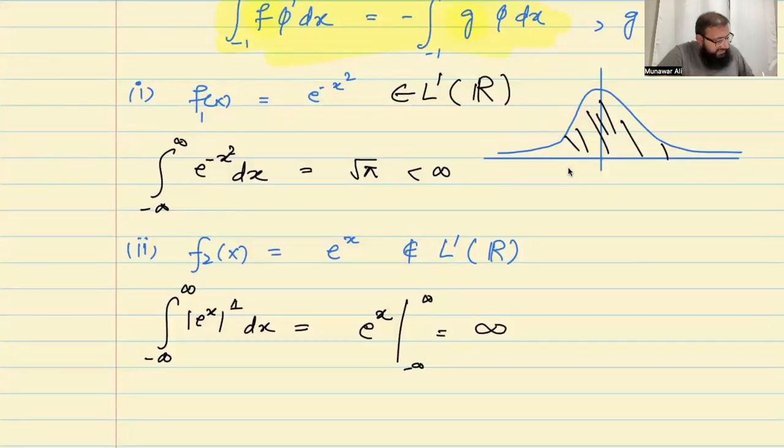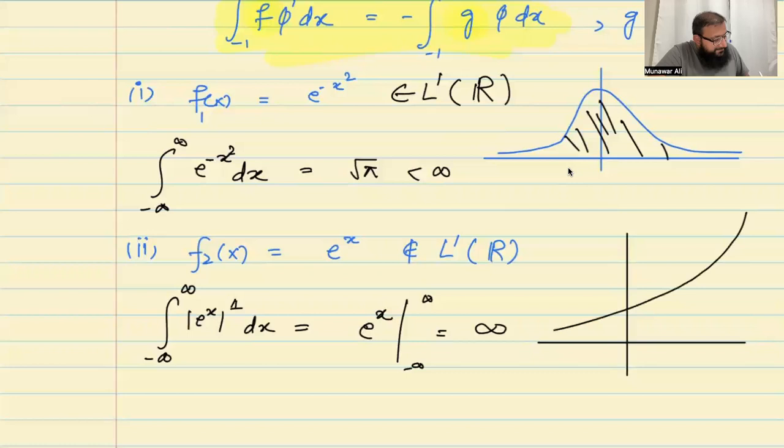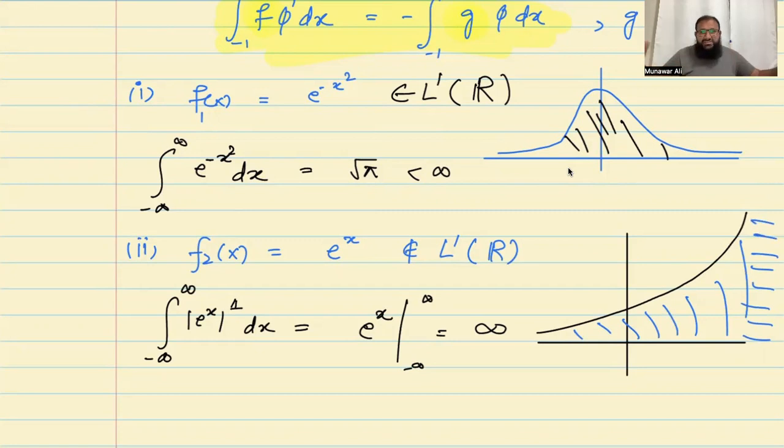And how does the function look? It's e to the x, so the function looks like this. You cannot find the whole area under the curve, because this area goes on over here. This is a simple explanation so you can make sense of which functions are in L1 and which are not.